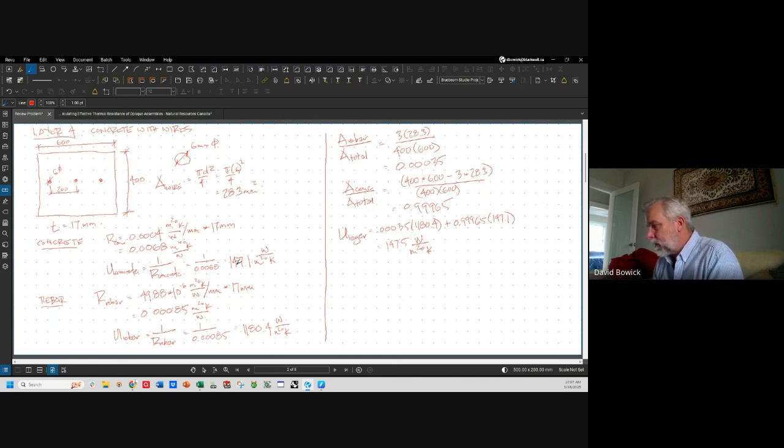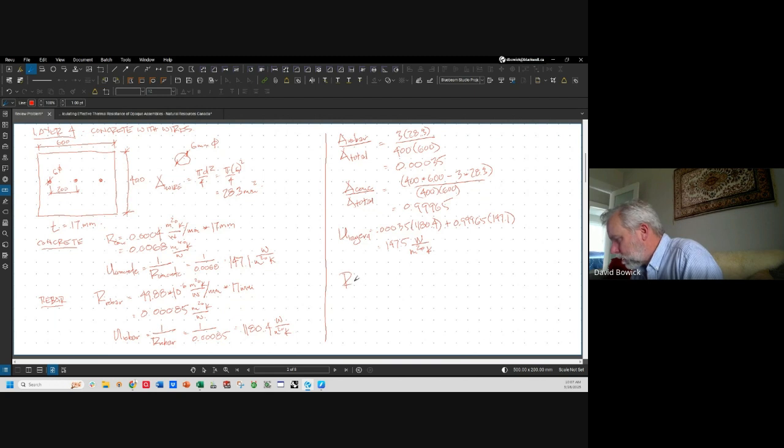But what's interesting is, remember I've told you that the better the insulator, the more important the cold bridges are. We're going to see that it actually does make a difference when we do the next layer. So the U of the layer, this is layer 4, is 147.5.